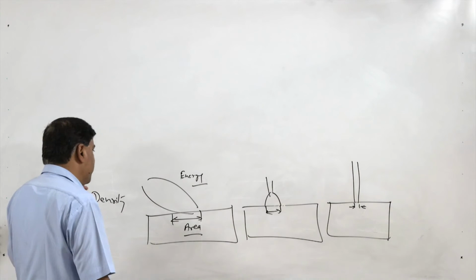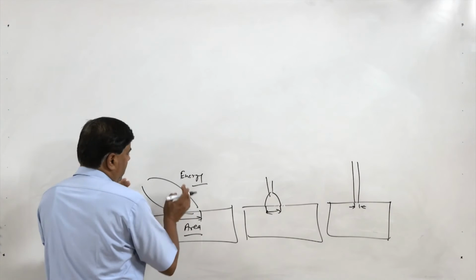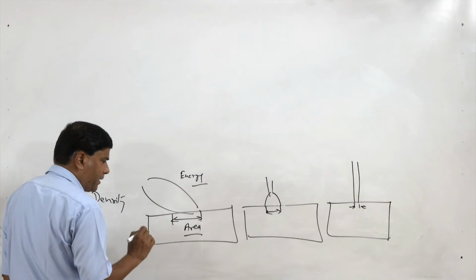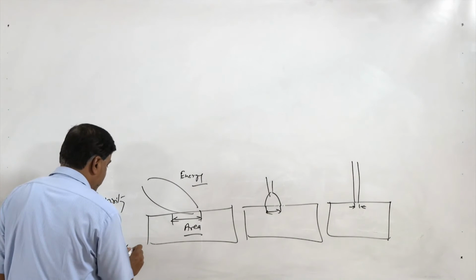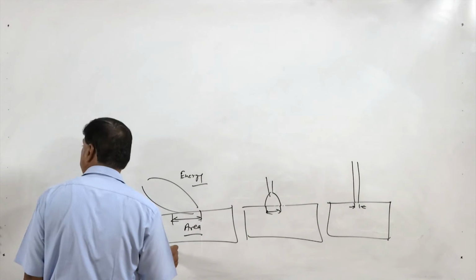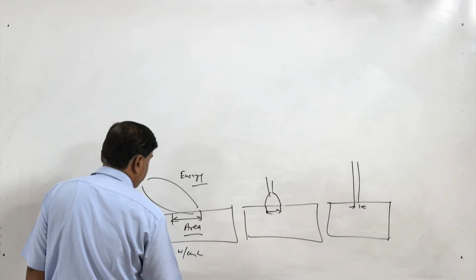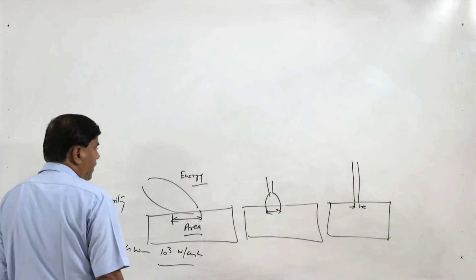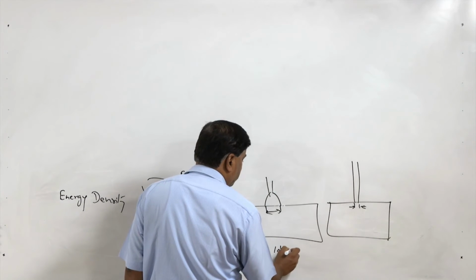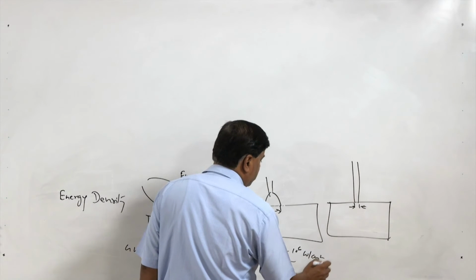Depending upon the kind of process being applied, gas welding applies limited energy over a larger area, and that is why the energy density associated with gas welding is very limited, say 10 to the power 3 watt per centimeter square, while in arc welding it may range from 10 to the power 4 to 10 to the power 6 watt per centimeter square.